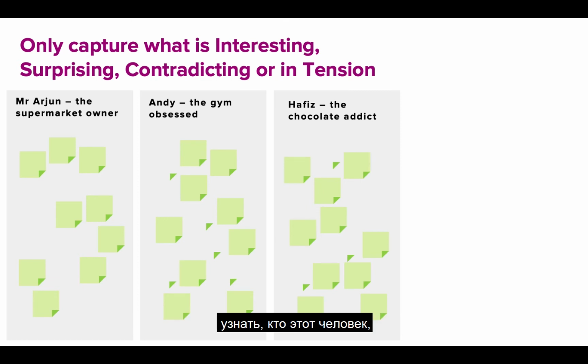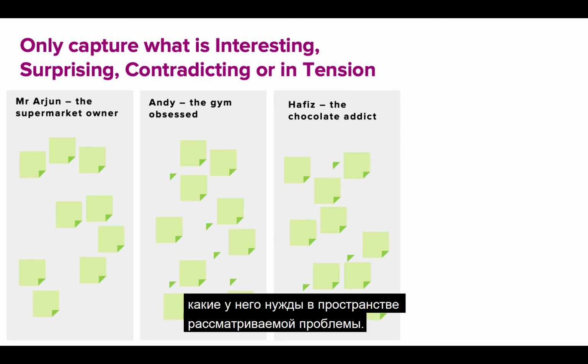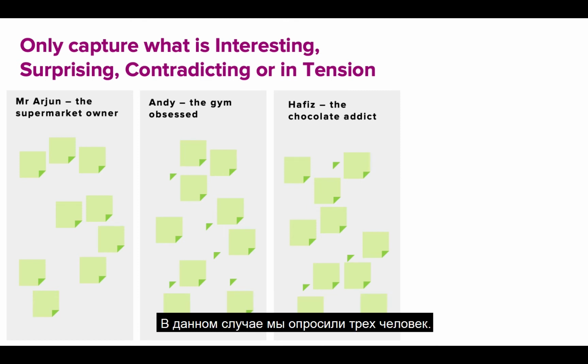Discover who that person is and what that person needs in regards to your problem space. And in this example, we interviewed three people, and on the screen, you can see various post-its with observations that we made that are interesting, surprising, or contradicting about each of these individuals.